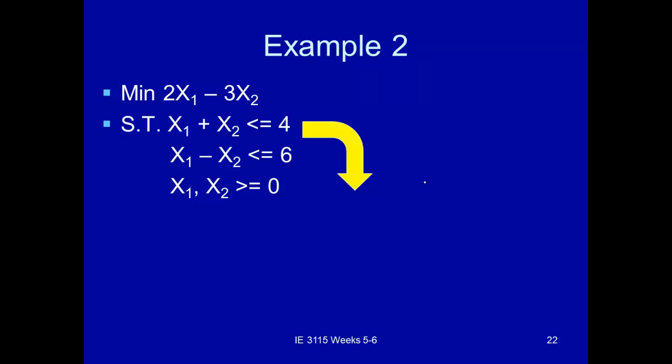Remember, we convert the objective function too. We add a z there. So we minimize z, which equals this, right?